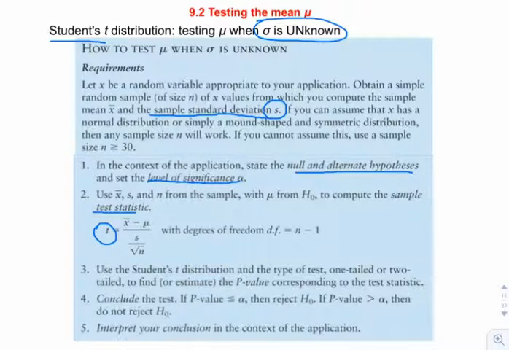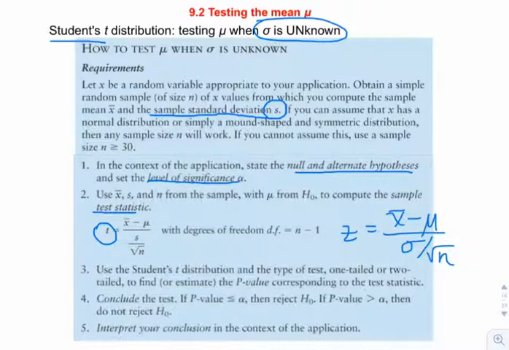So between finding z and t, the distinction is you're going to be using s. You had z was x bar minus mu over sigma divided by the square root of n. You replace that sigma with an s, and then you have your t distribution. Okay, so that's your test statistic. The mu you are using is from your null hypothesis.